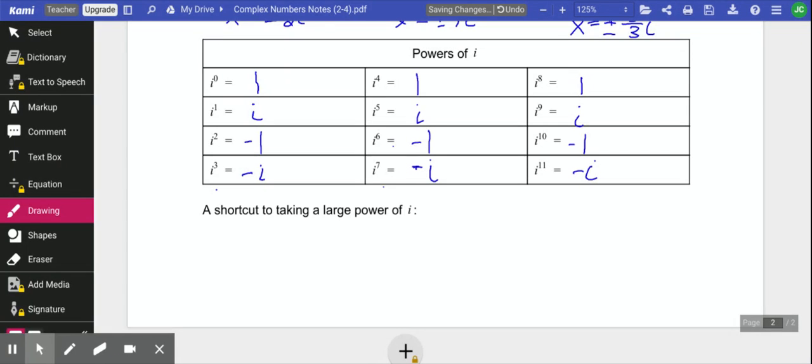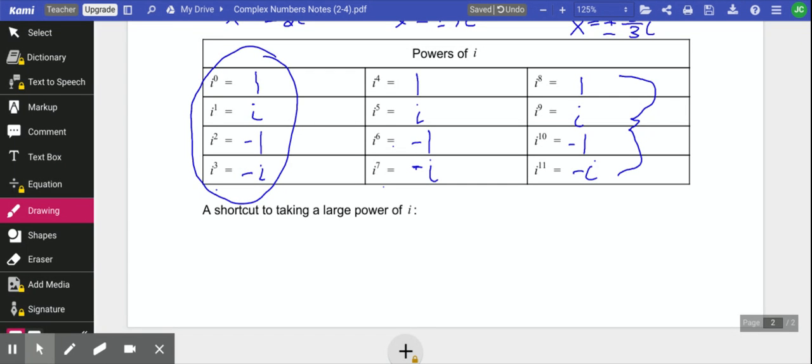And if you go to i to the 12th, i to the 13th, so on and so forth, this pattern is just going to keep repeating. And it repeats in the cycle forever, okay? It repeats in these cycles of 4. So all you need to learn is this first column. Okay, i to the 0 is 1, which is obvious. i to the first is i, which is obvious.